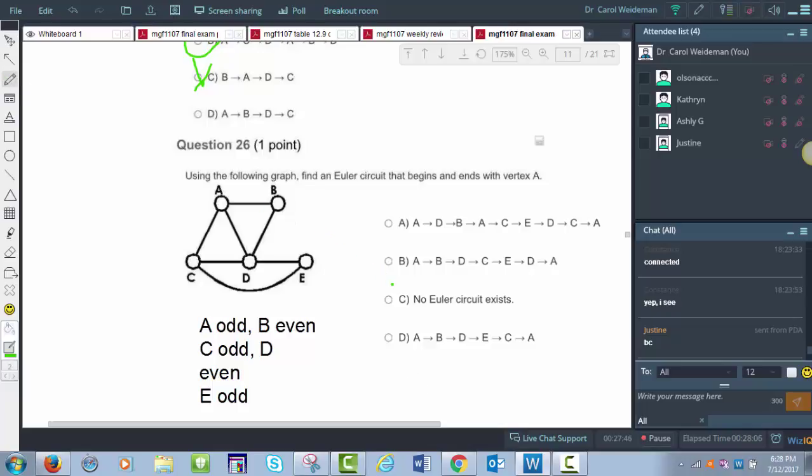So there is no circuit for this one. There would be a path, but not a circuit, because there's two odd. What makes a vertex odd? The vertex is odd if it has an odd number of edges connected to it. A is odd because it has 1, 2, 3 edges coming to it. C is odd because it has 1, 2, 3 edges coming to it. B is even because it only has 2 edges. D, we said, was 1, 2, 3, 4, even. Okay, so once you know there's two odd, you know there's going to be a Euler path, but not a Euler circuit.